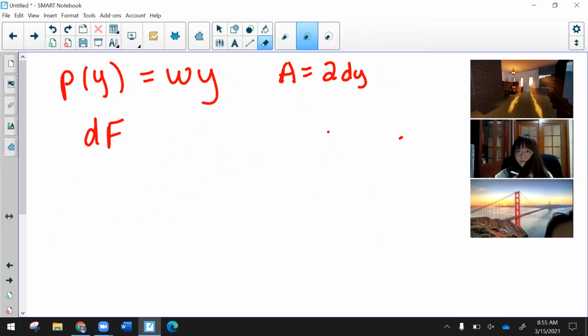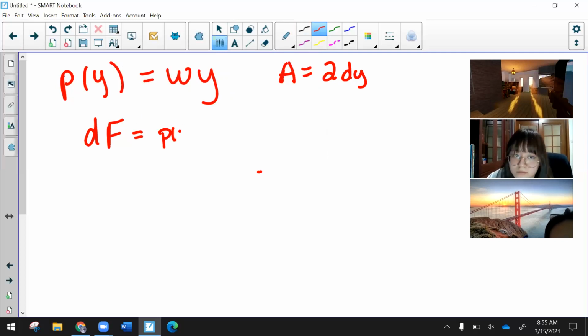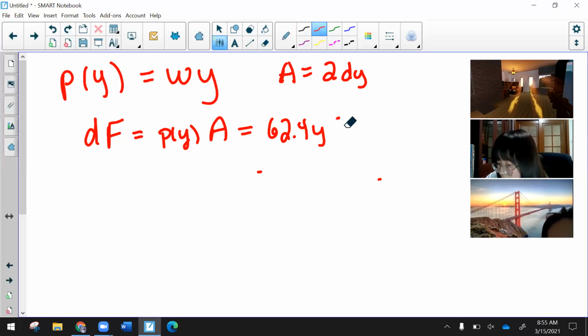And then I can say that the small amount of force, dF, that's on my little slab of water is going to be equal to P of y times the area, or 62.4 y times 2 dy.